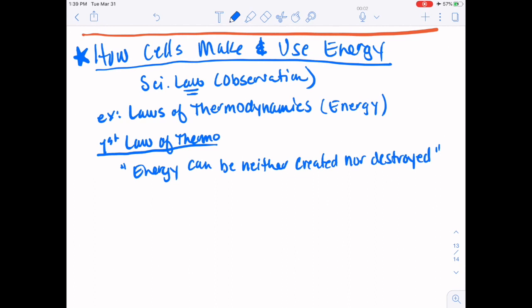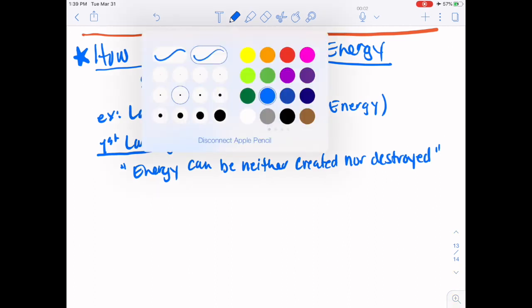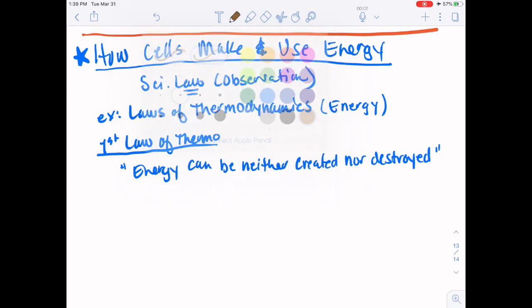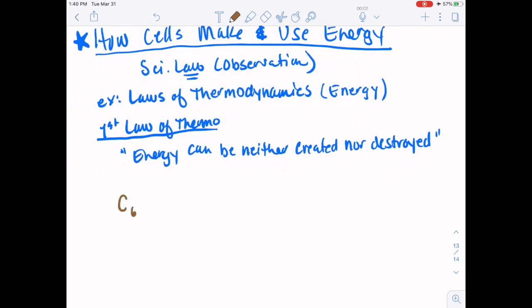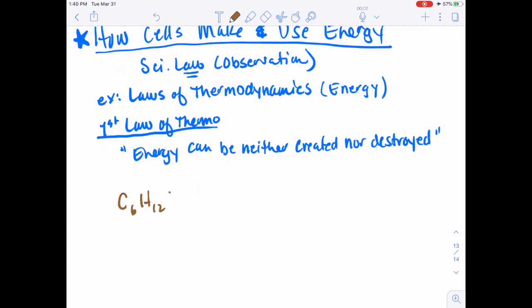Right? And to demonstrate that, I want to show you one thing. Let's not go green, let's go brown for a little bit. When we talk about how cells make energy, we're going to be talking about a lot of chemical reactions. So, for example, there is a chemical reaction that happens in all of your cells, which takes a substance called C6H12O6. Ooh, does anybody know what type of molecule that is?